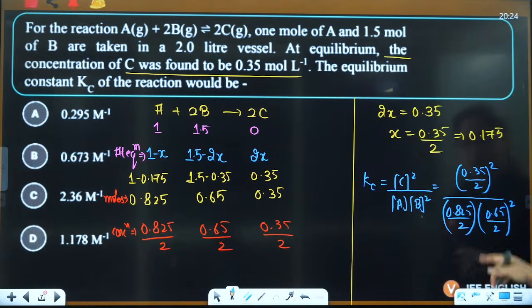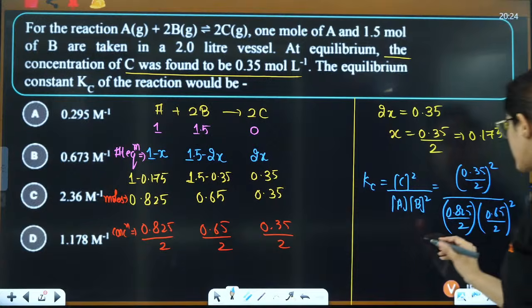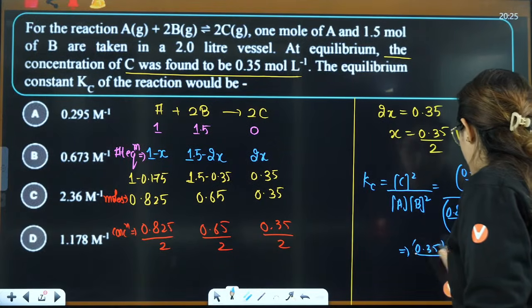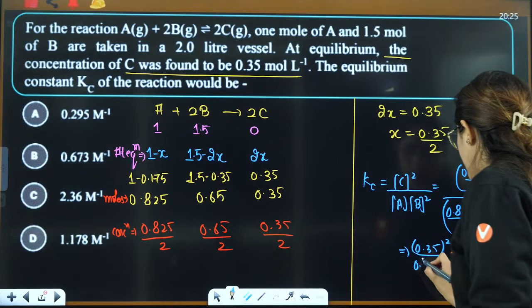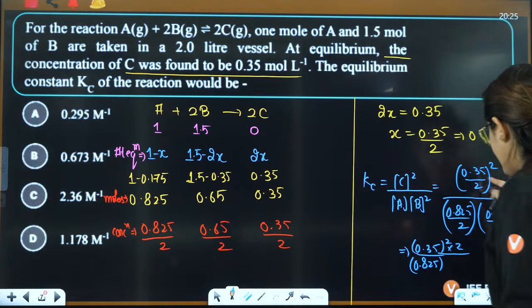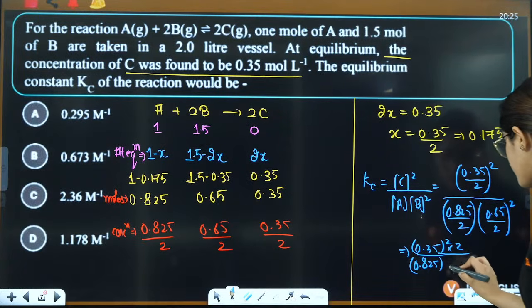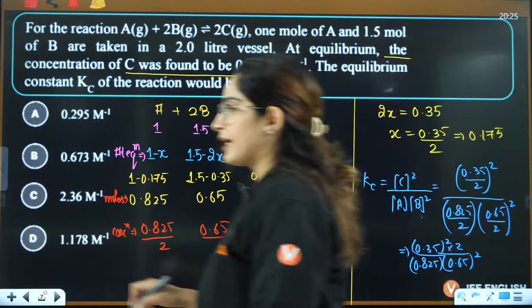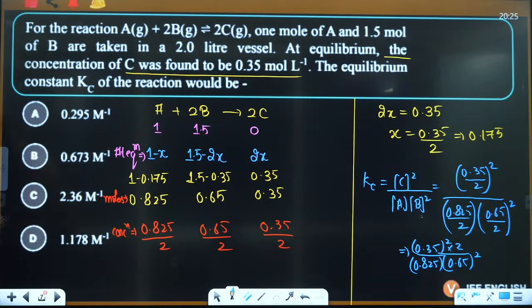Okay, the 2s will cancel eventually. It will be 0.35 whole square divided by 0.825, and this is multiplied by 2, which will come in the numerator, and this will be 0.65 whole square. Solve this and you will get your answer. Okay? Yes?